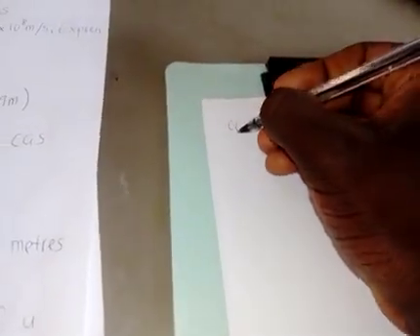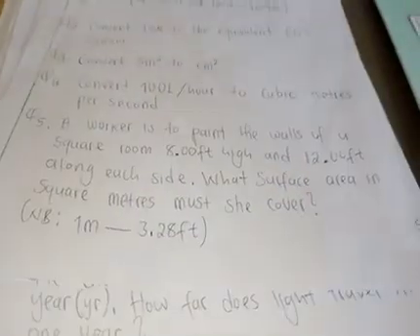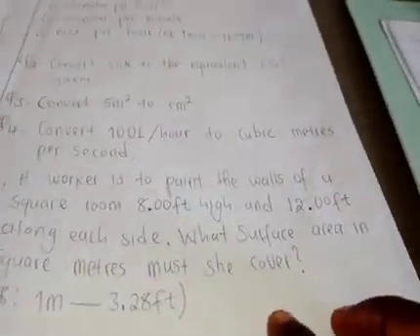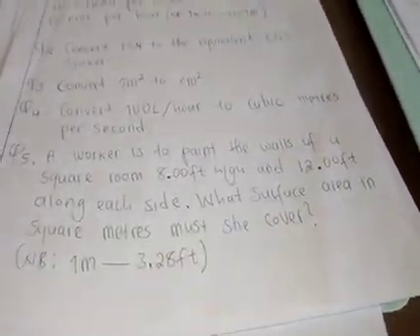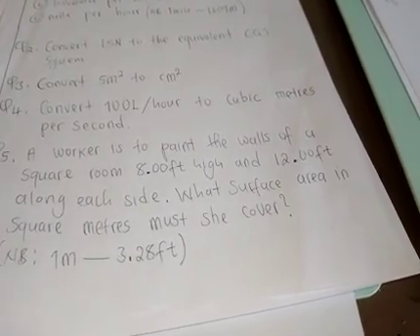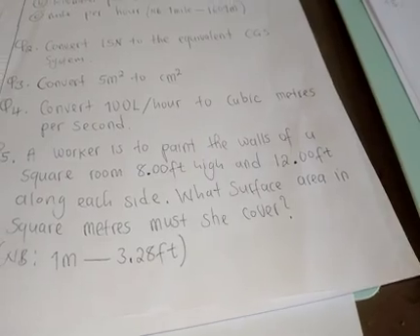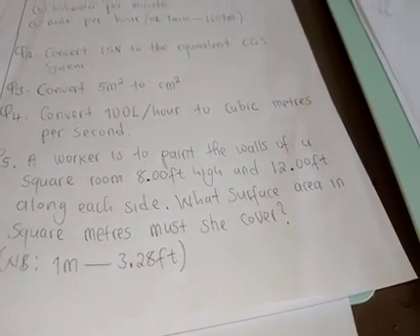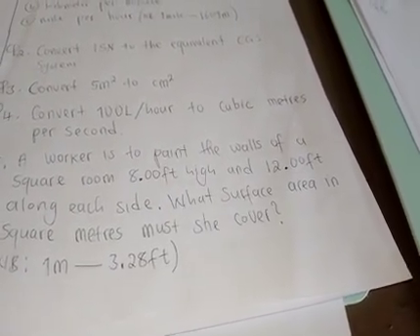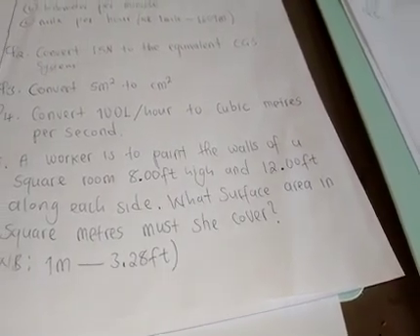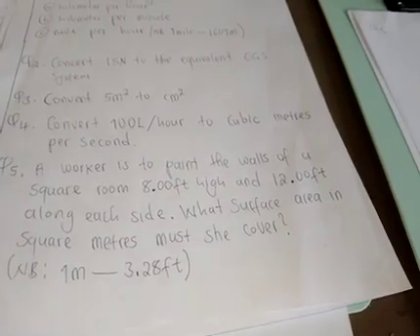Then we can proceed to the next question, which is actually question 5. Question 5 reads: a worker is to paint the walls of a square room 8.00 feet high and 12.00 feet along each side.